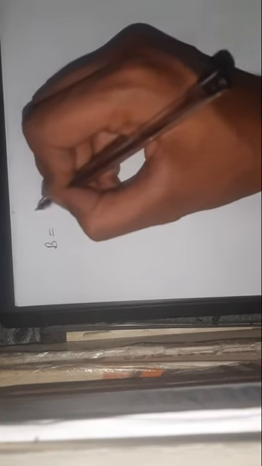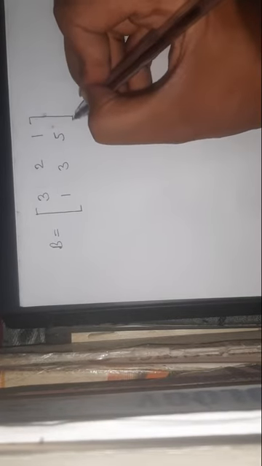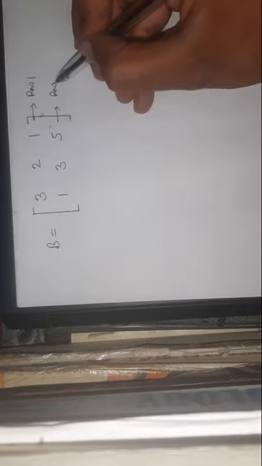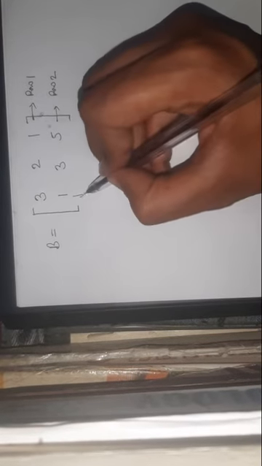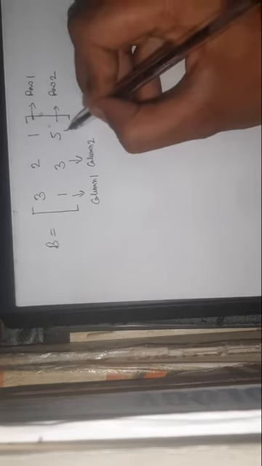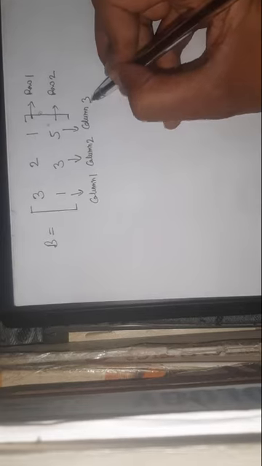Now, take another example of a matrix. Suppose B is 3, 2, 1, 1, 3, 5. Now it has rows: row 1, row 2, and columns: column 1, column 2, column 3.